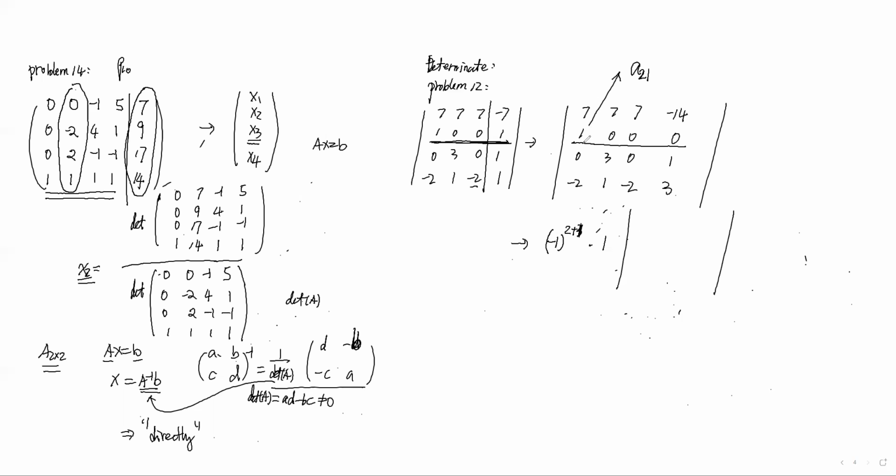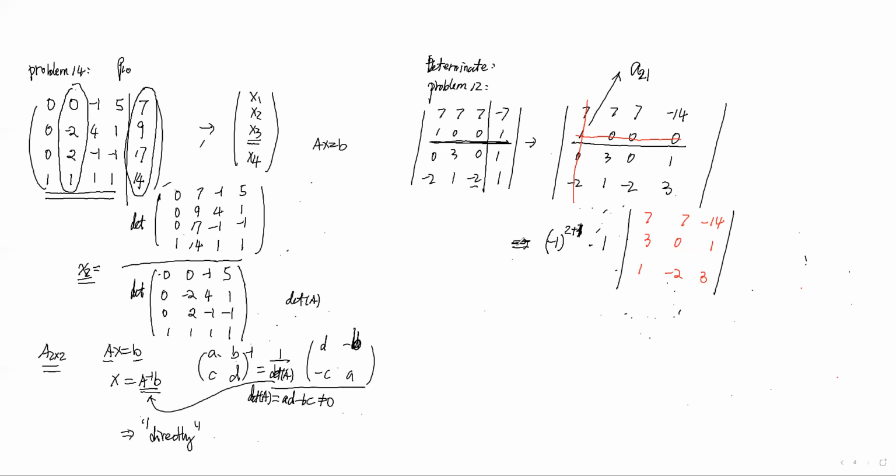Cancel this and this. Kill this and this. So 7 7 -14, 3 0 1, 1 -2 3. Okay, and then we got a 3 by 3.